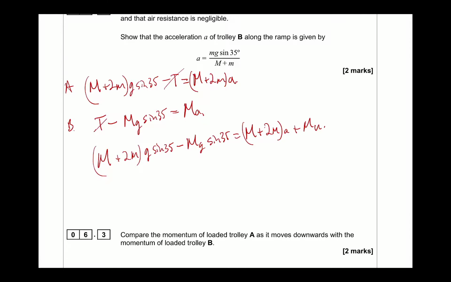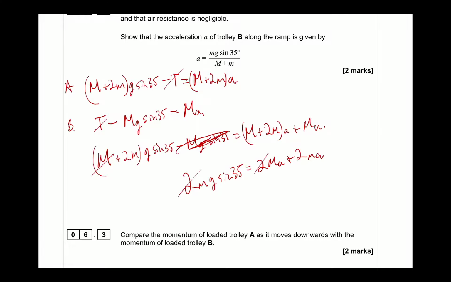Okay, if I expand and simplify this, this is going to cancel out with that. And I'm going to end up with 2mg sine 35 is equal to 2Ma plus 2ma.